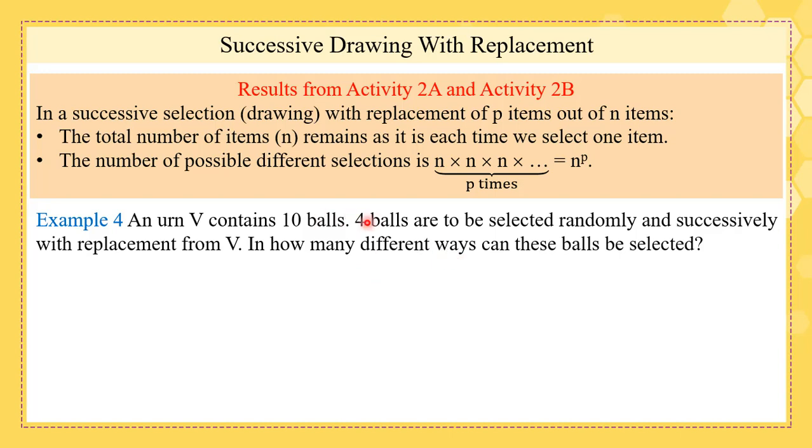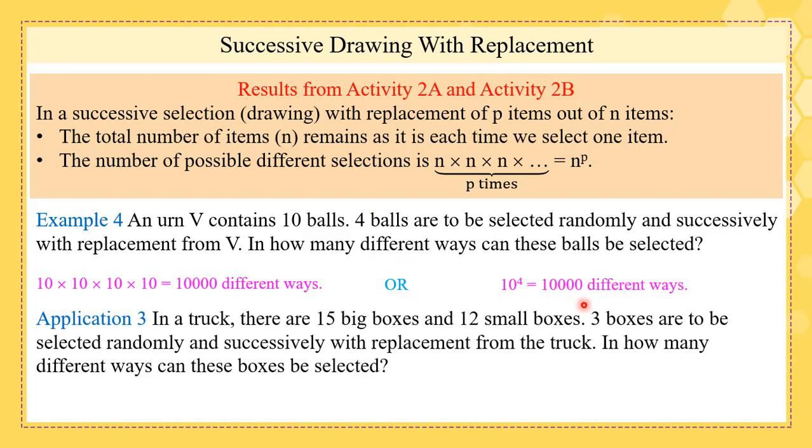We need to select 4 balls successively with replacement. If we just apply this result, we get 10 times 10 times 10 times 10, which is 10,000. So we take the total and we multiply it by itself 4 times. Or we can use 10 to the power 4, which is also 10,000.